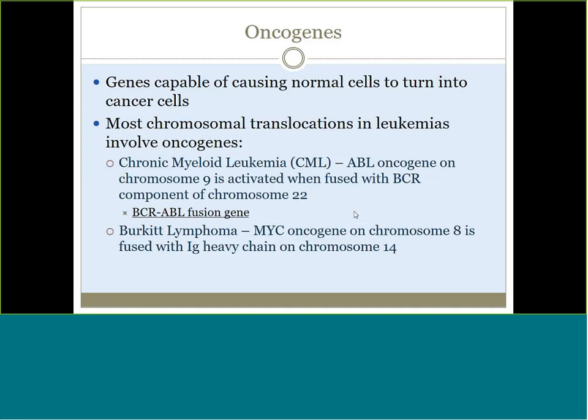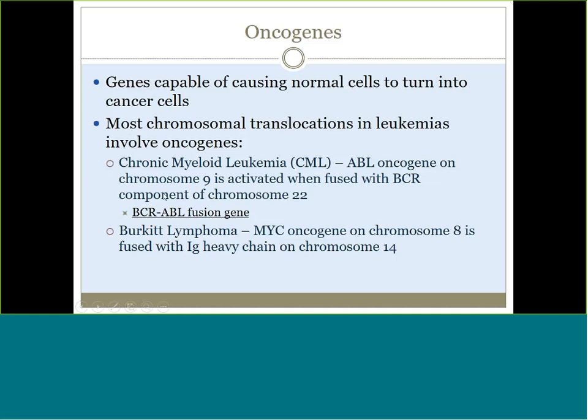So 95% of patients, that's a pretty big amount of why it occurs. So you need to walk away knowing BCR oncogene fused with ABL, BCR-ABL, resulted in the translocation of chromosomes 9 and 22, and that is what we call the Philadelphia chromosome. That translocation in 9 and 22 is known as the Philadelphia chromosome. We will reference that again when we learn CML, but for now, know this information.